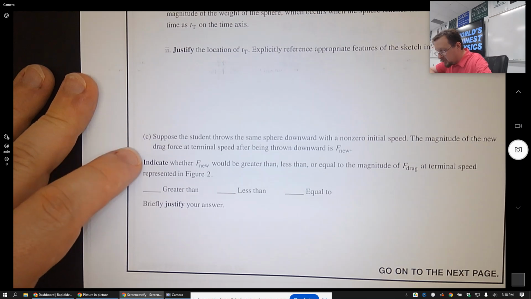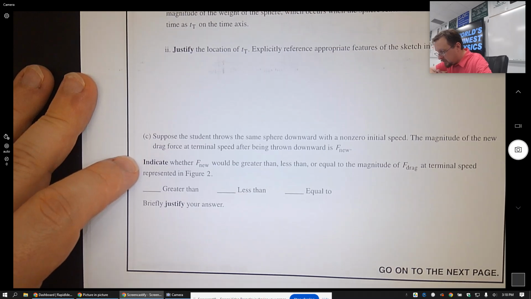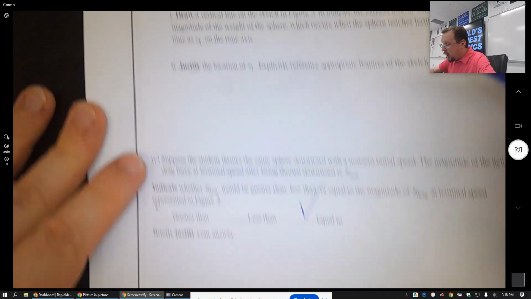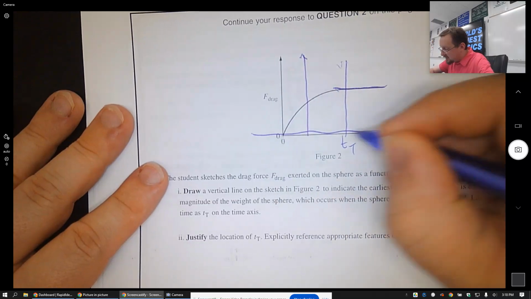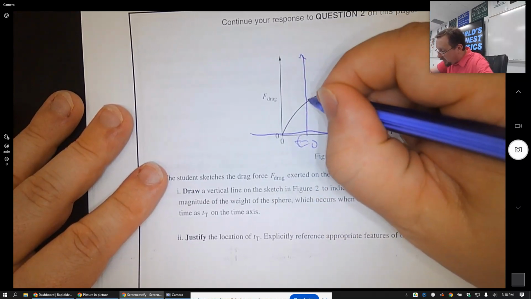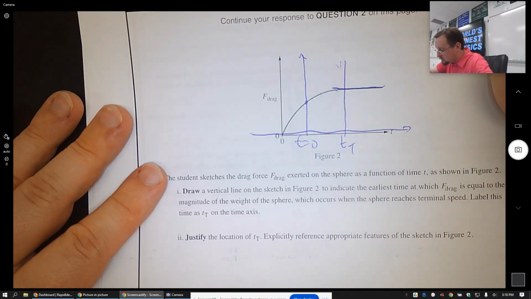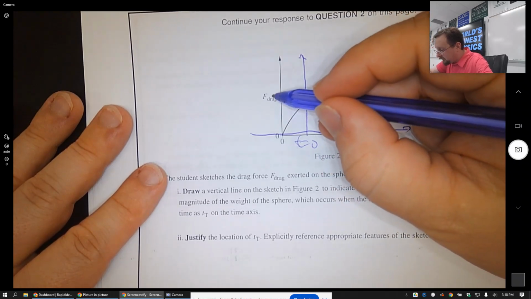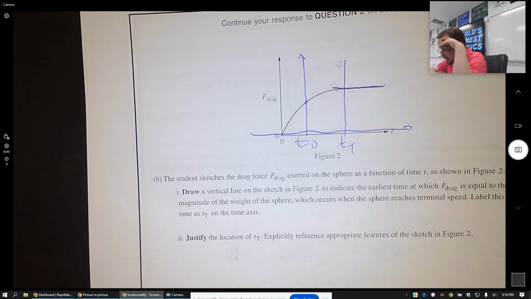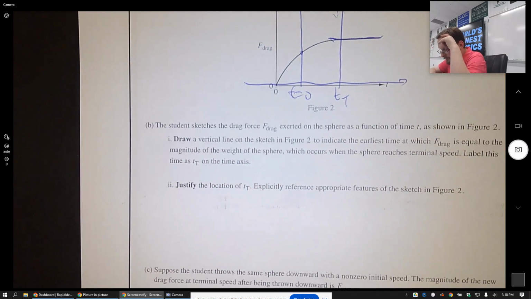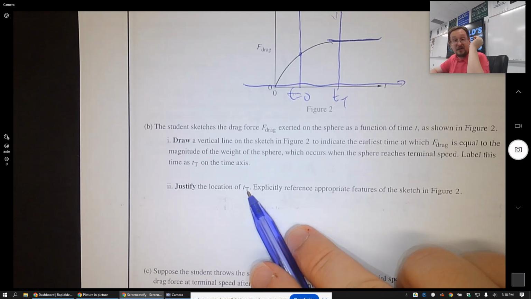The magnitude of the new drag force at terminal speed is F new. F new would be the same. All that happens when you throw it downwards is this is now time equals 0 because you already have an initial speed. I didn't look at this: this is the force of drag versus time, not the velocity versus time. Okay, so now I actually am going to justify this.